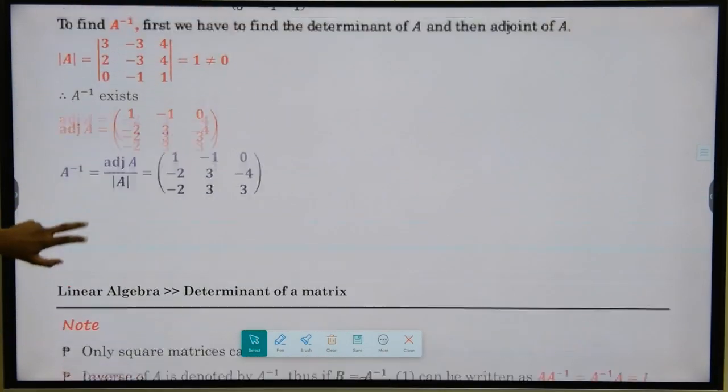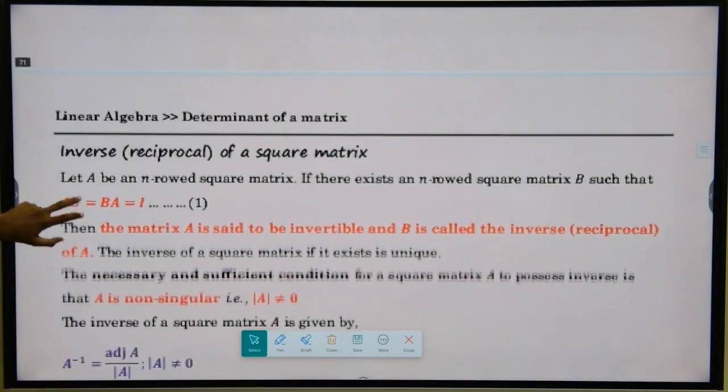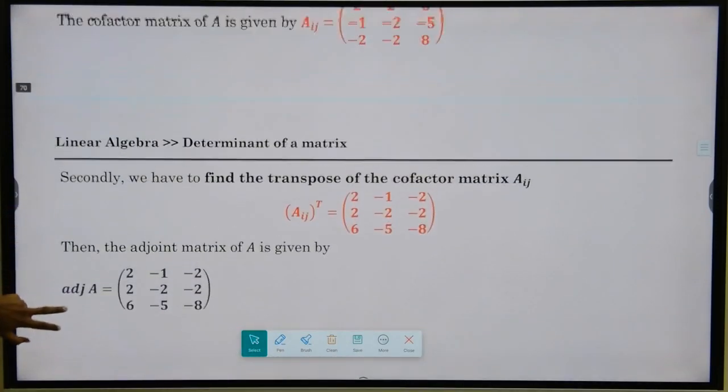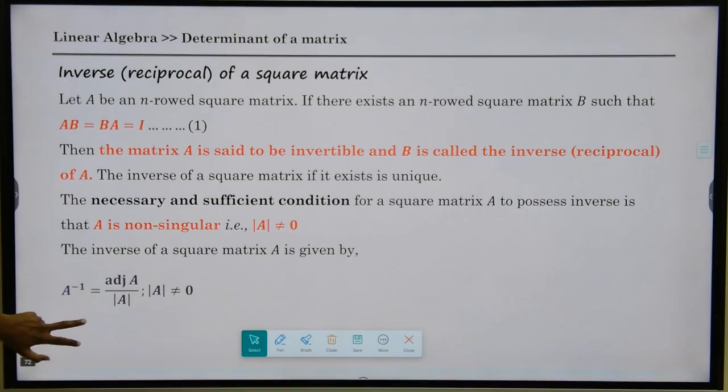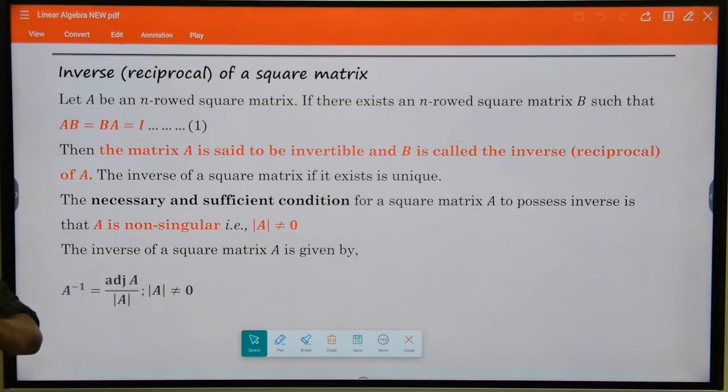I want to give you one more small formula. See, for a 3 cross 3 matrix, there is a shortcut, but I don't exactly know it. To find the adjoint, you have to find the cofactor for each term, then find the cofactor matrix, and transpose it to get the adjoint.